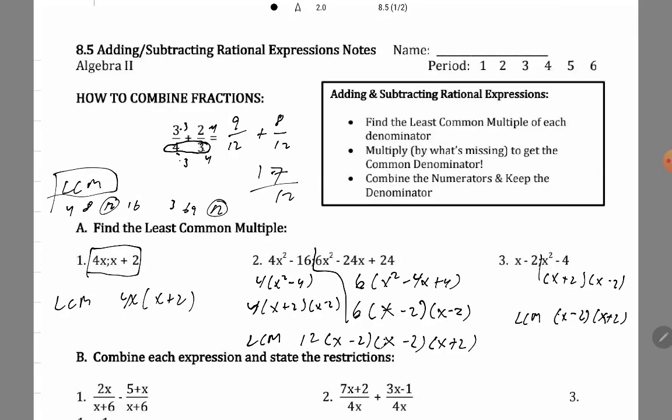Hopefully that doesn't confuse you. So number 2, we have 2 x minus 2's, that's why they appear twice. And then on number 3, we only have 1 x minus 2 on the left, 1 x minus 2 on the right. So we only need 1 x minus 2.